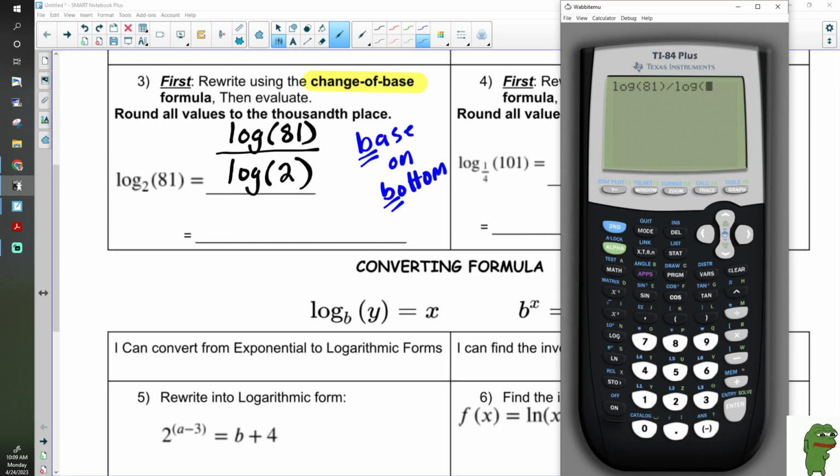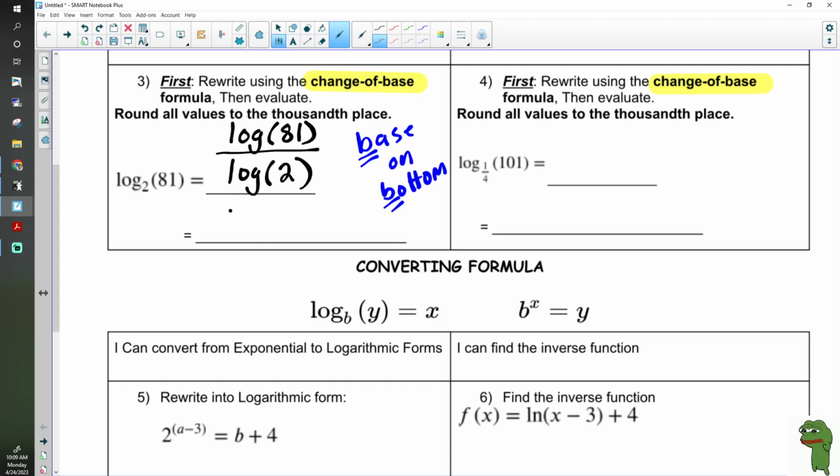Log, because it depends on the problem. On number 4, when it's a fraction, that way doesn't work. So you have to know both. Log of 2. And click. And you get 6.339, but when we round, 6.340.